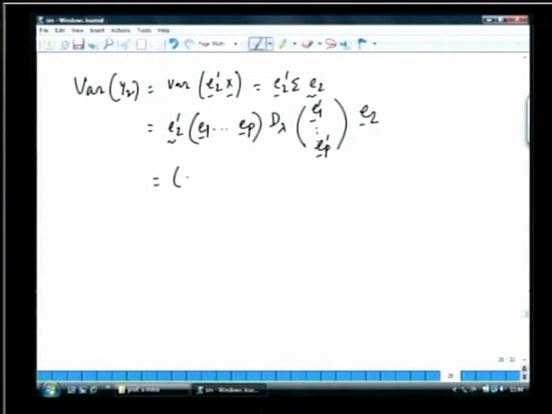So, this is basically 0, 1, 0, 0, then d lambda, and then again 0, 1, 0 to 0, which gives you lambda 2.